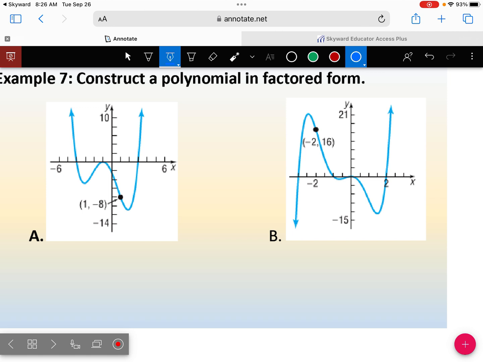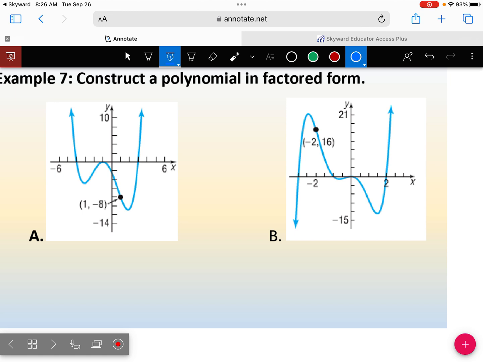I was making sure you all had the right one, because one is Integrated and the other one is PreCalc.